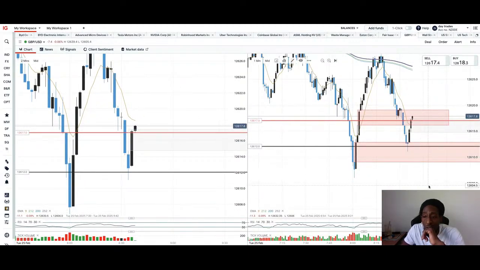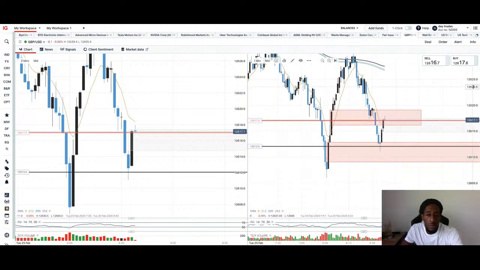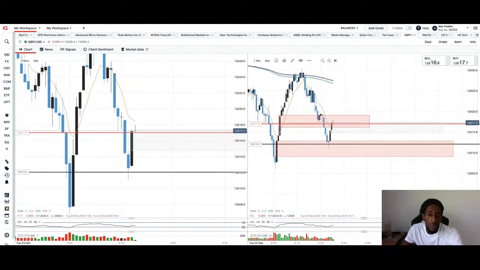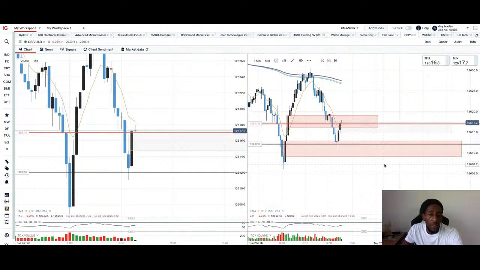Just didn't take this low, but it's good, but there's just no manipulation. It's hitting in the right places, getting the correct momentum, but it just hasn't had any manipulation. That's why I'm not in this trade already.